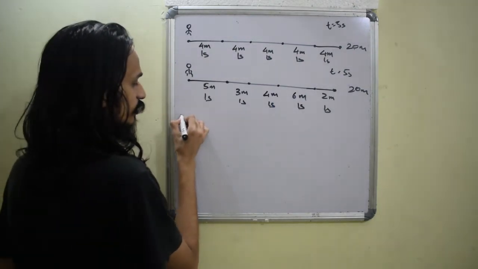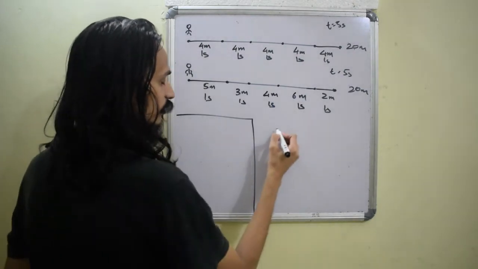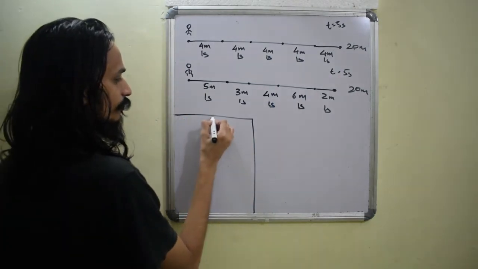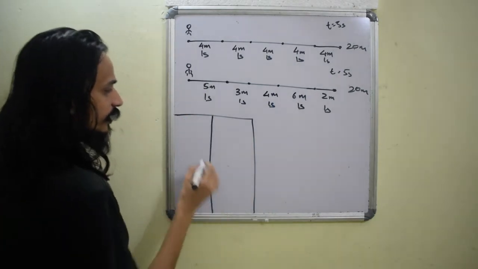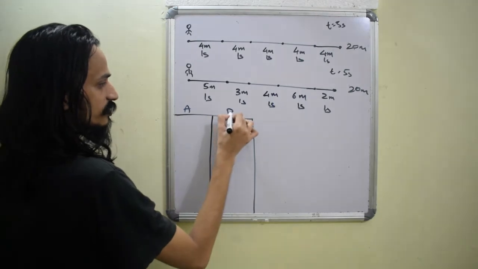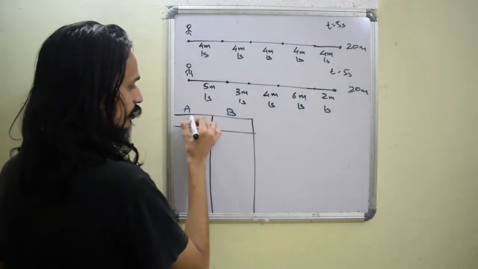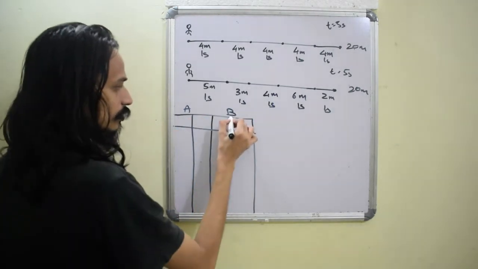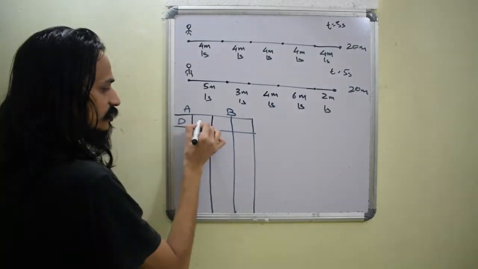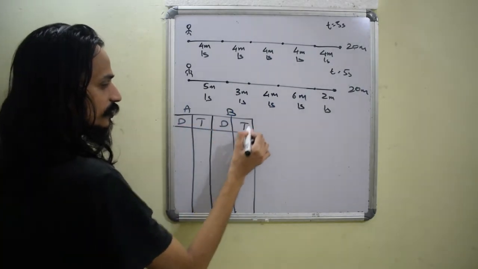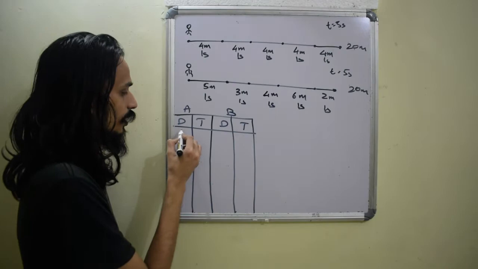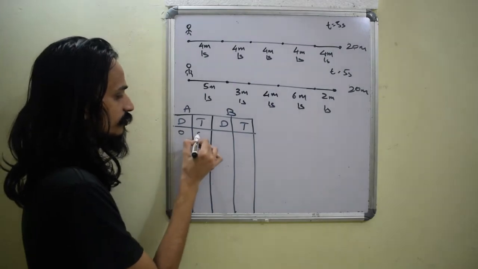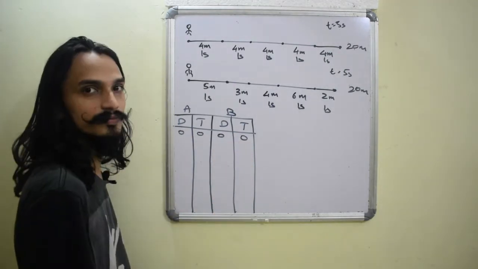Remember the table that we drew? I will draw the same type of table for A and B, with distance and time. At 0, both of them are at 0.